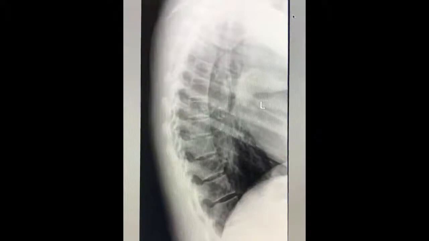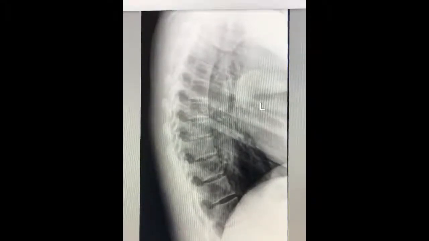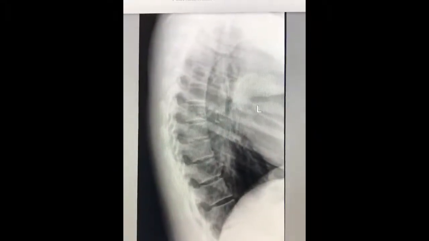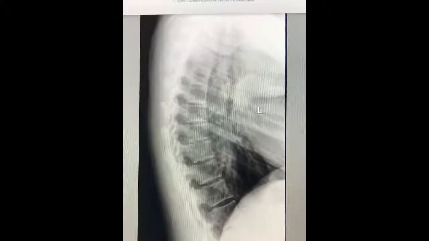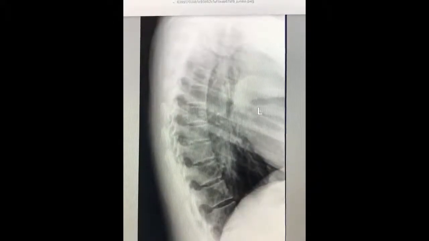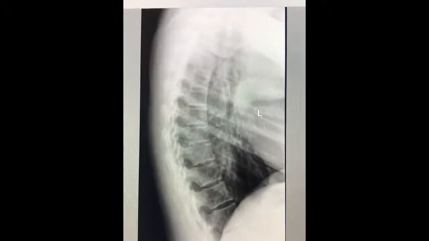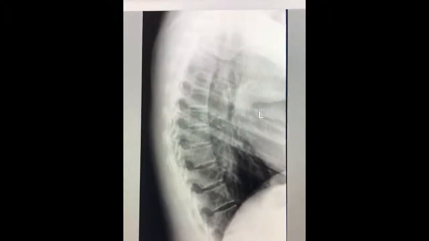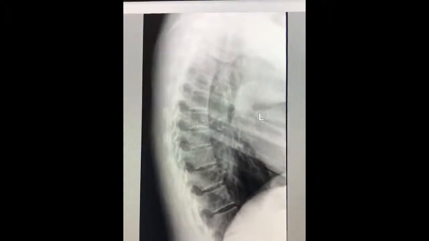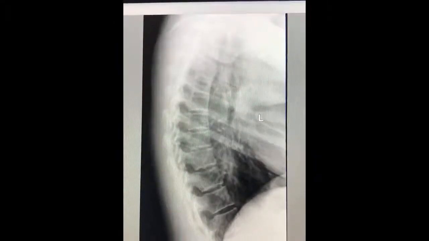Okay, moving on to your exposure, you must have sufficient exposure to see your bony margins and trabecular markings. There shouldn't be any motion evident on your image, and this can be indicated by having sharp margins of your bone structures, as well as being able to see your lung markings nice and clear.